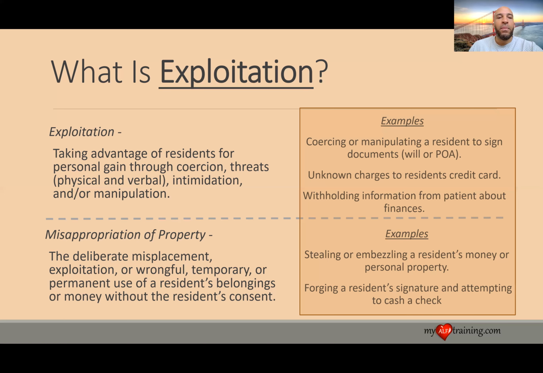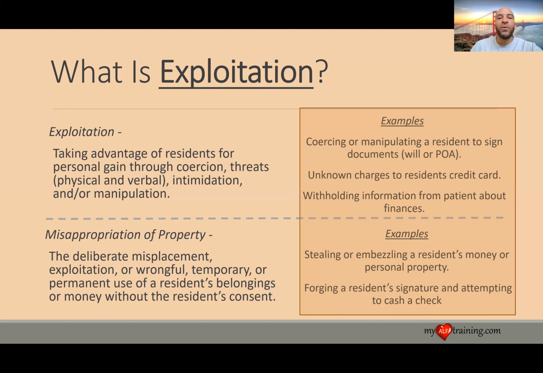You want to make sure that you establish a relationship with your patient, not too intrusive, but you're talking to them and understanding how they're managing their finances or who's managing their finances for them, and help the resident understand what's going on with their finances. So that if unknown charges to the credit card do begin to pop up, you've already established some type of communication with the residents about their finances so they can share that information with you.